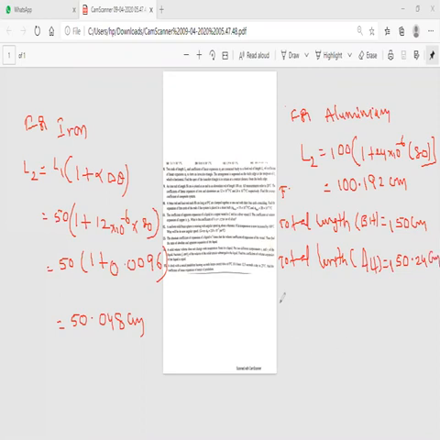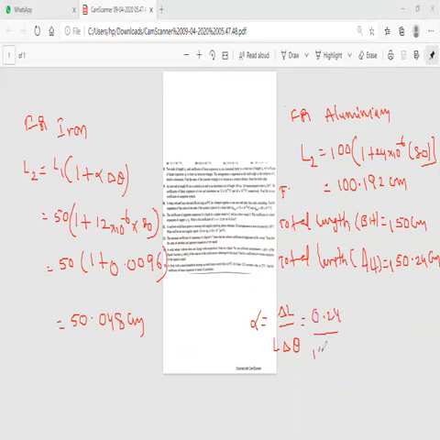But you have to finally find the alpha value for the composite system. Alpha is nothing but change in length by initial length into delta theta. And the change in length for the whole composite rod, initial length 150 and final length 150.24, will be 0.24 centimeters.